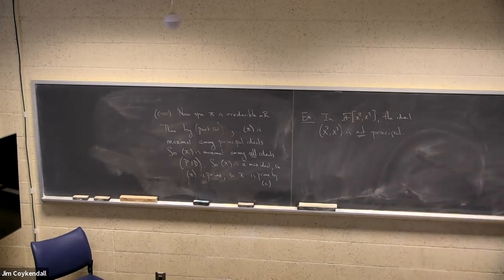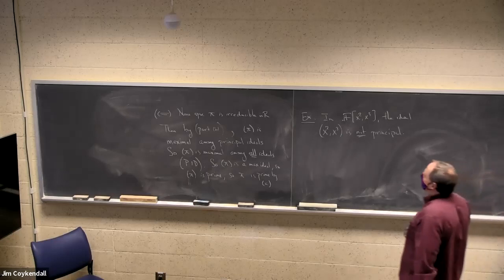This is the example that we produced where we had elements that were irreducible but not prime. Look at the ideal generated by x squared and x cubed. Another way to look at this is, again, this is the ideal consisting of every element in that ring such that when you plug in 0 for x, you get 0. See if you can show that ideal is not principal.